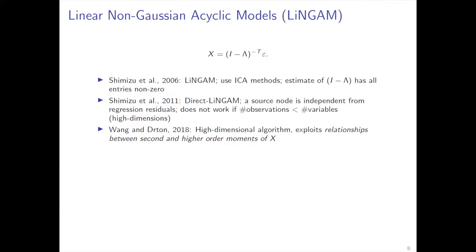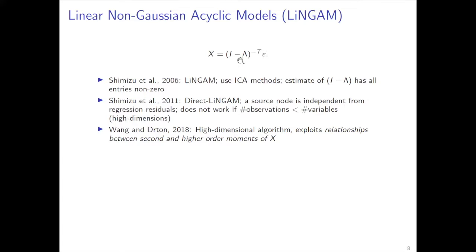That if we now go back to our causal inference problem, you can actually use ICA, independent component analysis, to learn the graph. So basically, you recover this matrix here, and then you can find the exact permutation and scalings of the columns, and you can recover the matrix lambda, and so you can recover the graph.